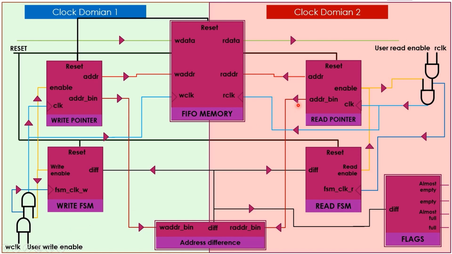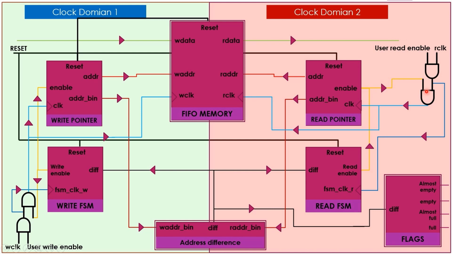Similarly, the FSM clock in read domain is generated by taking an AND of read clock coming from outside of this system and the user read enable signal. The write clock is generated by taking an AND of FSM clock in write domain and the write enable signal coming from write FSM. Similarly, the read clock going to FIFO memory is generated by taking an AND of FSM clock in read domain and the read enable signal coming from read FSM.